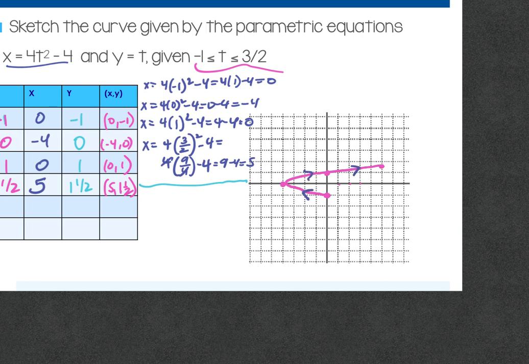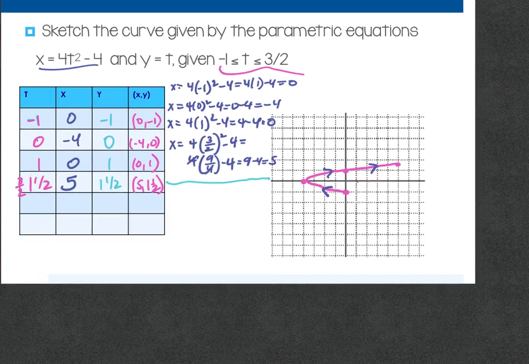The arrows point towards the last coordinate point, so away from the first one we got towards the last one we got.